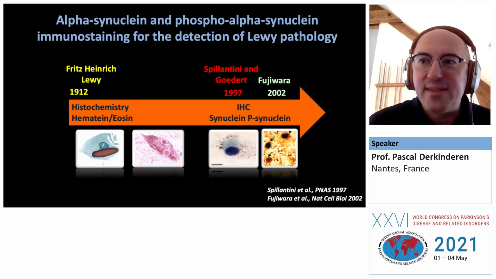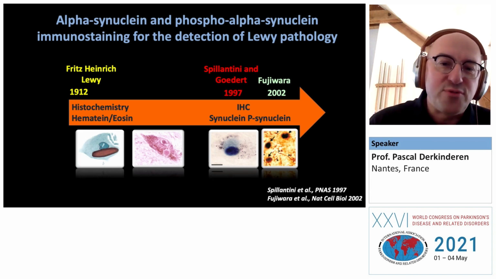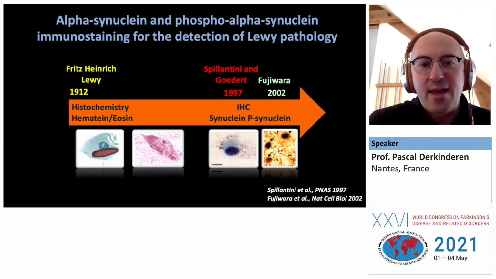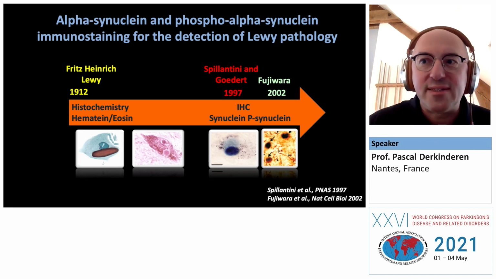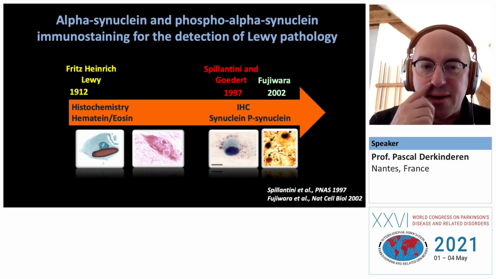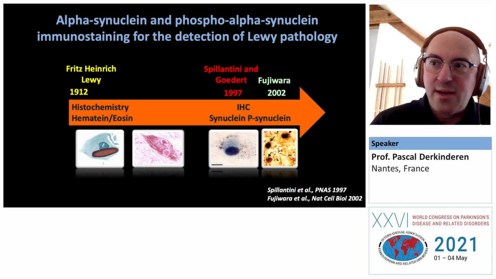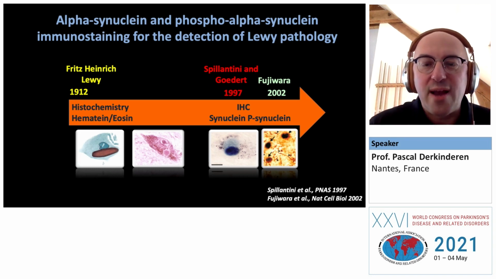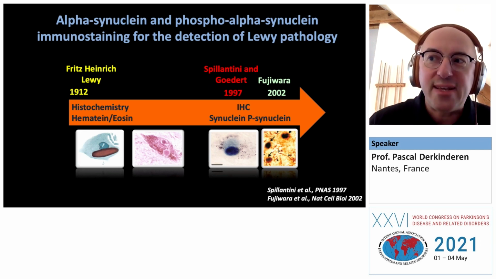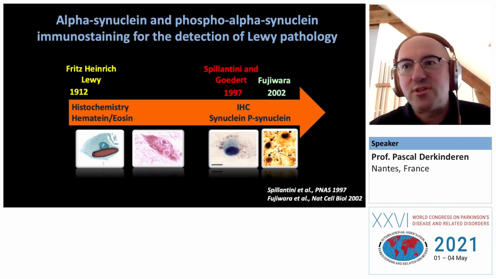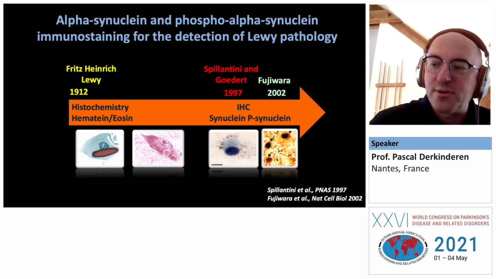Since 1997, alpha-synuclein and phospho-alpha-synuclein immunostaining have therefore become the techniques of choice for the detection of Lewy bodies and Lewy neurites. This is why I'm going to use the term alpha-synuclein histopathology, ASH, and phospho-alpha-synuclein histopathology, PASH, for the rest of this talk.